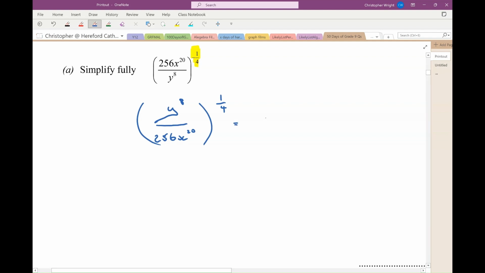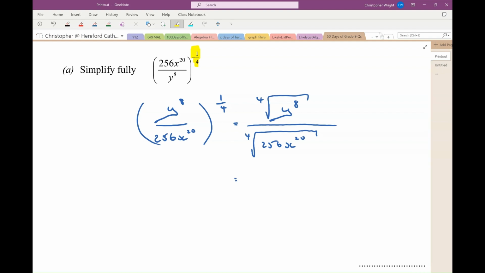So I'm going to need to have the fourth root of y to the 8 and the fourth root of 256 x to the power of 20. So when I'm finding the fourth root of y to the 8, I need to think about something times something times something times something is y to the 8.